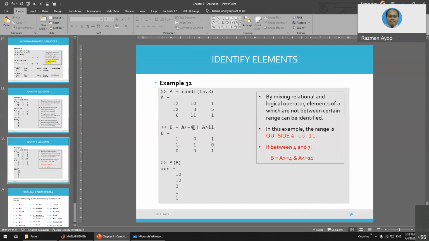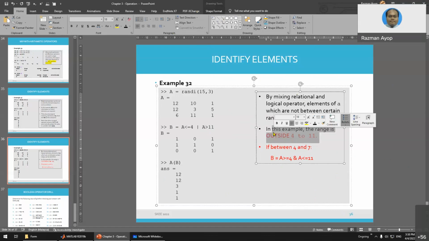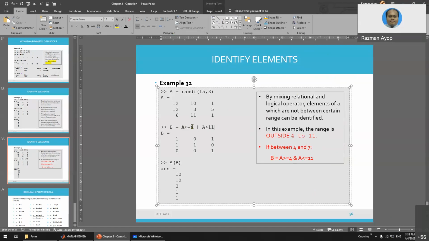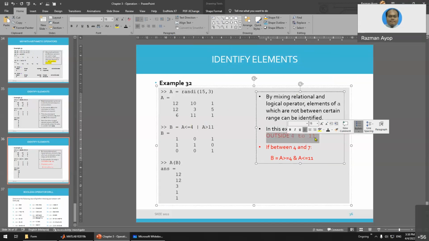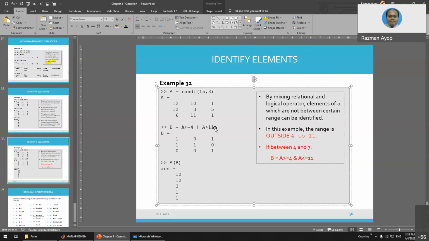Okay, good. So you can see here, the logic for this one is wrong. Make sure you change this. You can see here A is less than 4, and or more than 11. So this one is outside 4 to 11, so this logic is not correct.